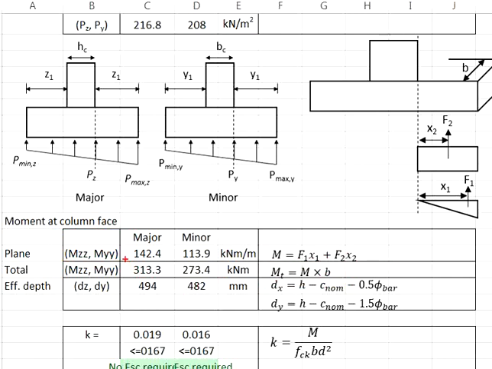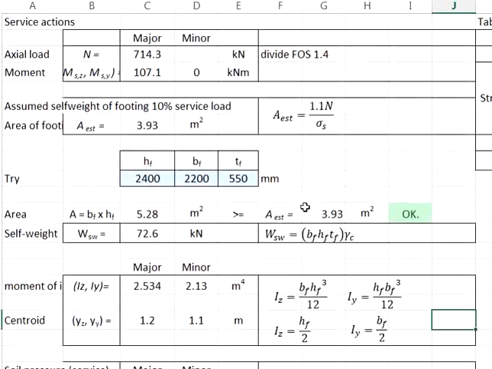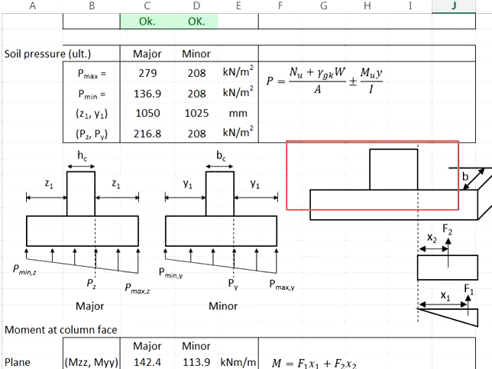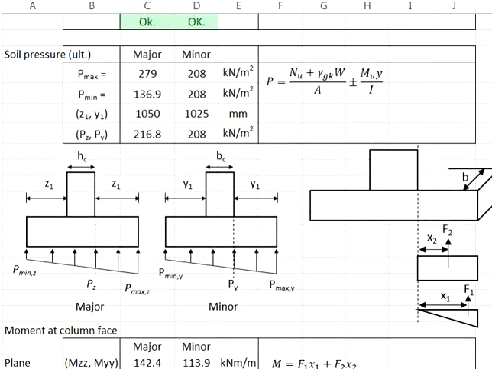You will need to calculate both for the major and the minor axis. Only that you will need to be careful with the B that you use. Based on the dimensions of the pad footing proposed, you can imagine it this way. The major axis will be at the longer span.